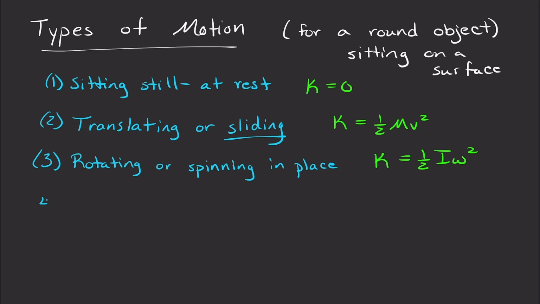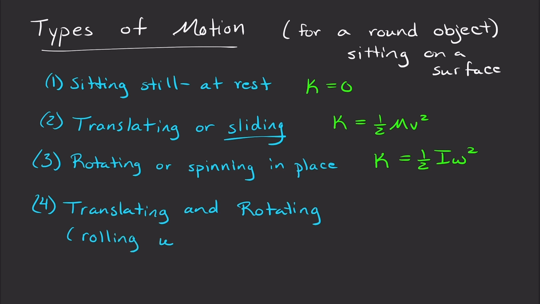And then finally, you can have a combination of the two. So you can be translating, so moving left, right, up, down, back and forth, and rotating at the same time. So the most common example is if you're on a surface, this is rolling. And specifically in problems, it's often worded rolling without slipping.